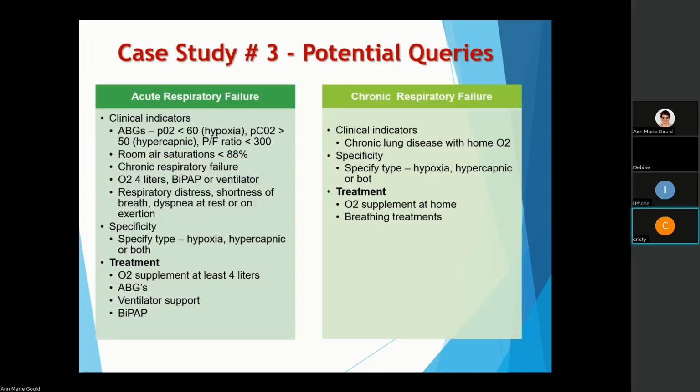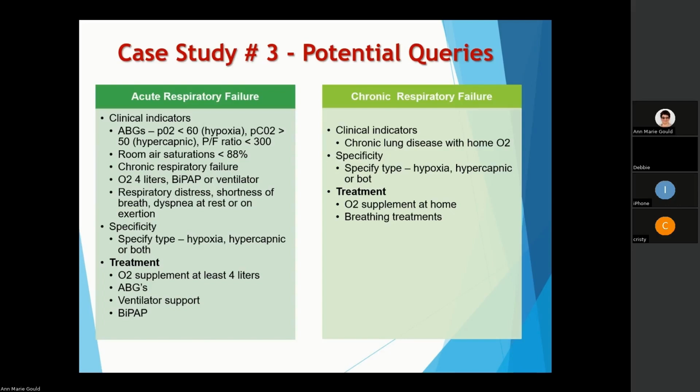And then just the queries, the clinical indicators for your acute respiratory failure and chronic. For chronic, we need to know if they're on home O2. And home O2 is continuous. It's not just at night, or PRN. You have to make sure that they're on continuous oxygen in order to really capture that chronic respiratory failure.